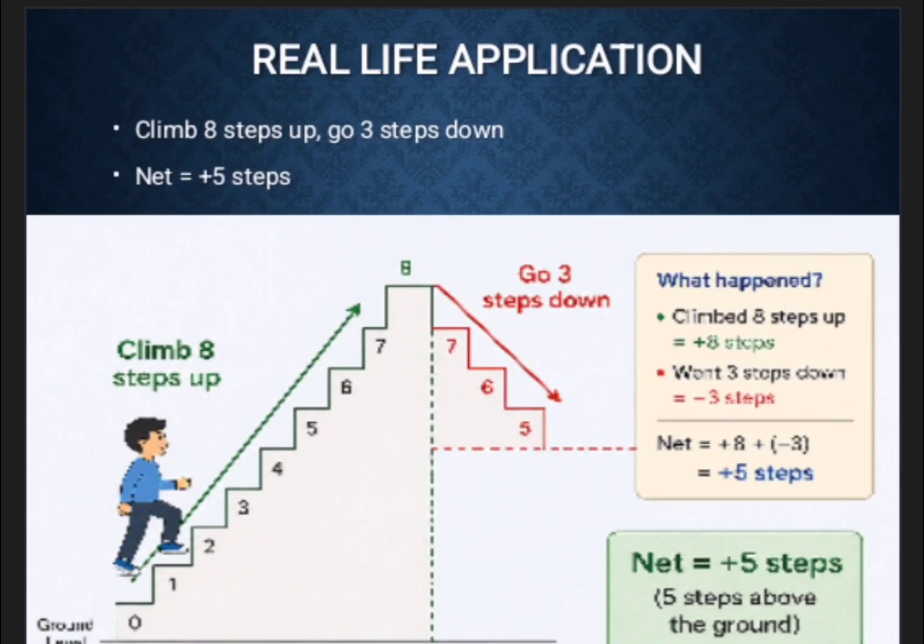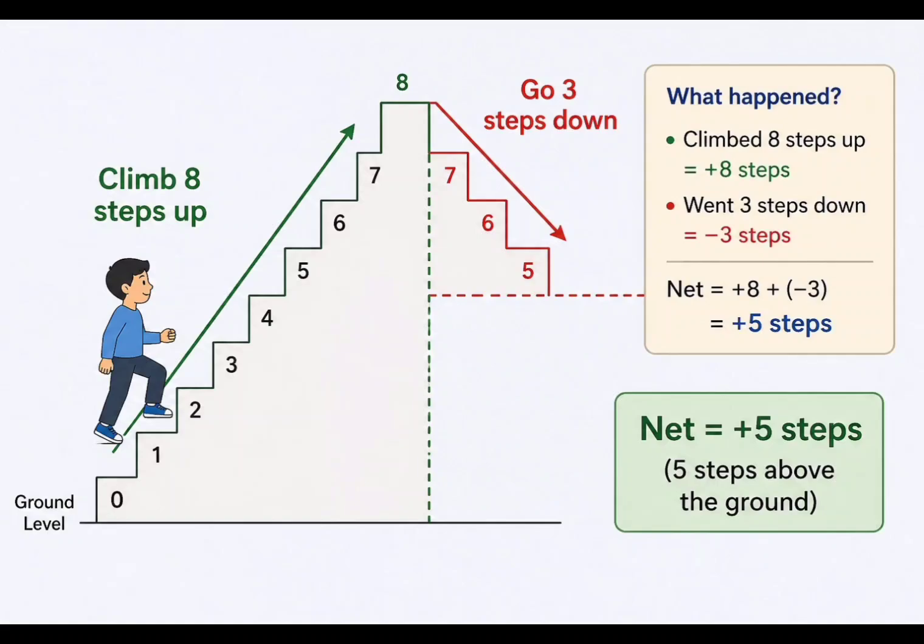Anything with a real life application seems interesting, right? So here we go with the real life application. Climb 8 steps up and then go 3 steps down. Look at the picture from the ground level. So what happened? Climb 8 steps up. Up is a positive word, and with the rule of integers we get plus 8 steps. Went 3 steps down. So from 8 steps he has gone 3 steps down.